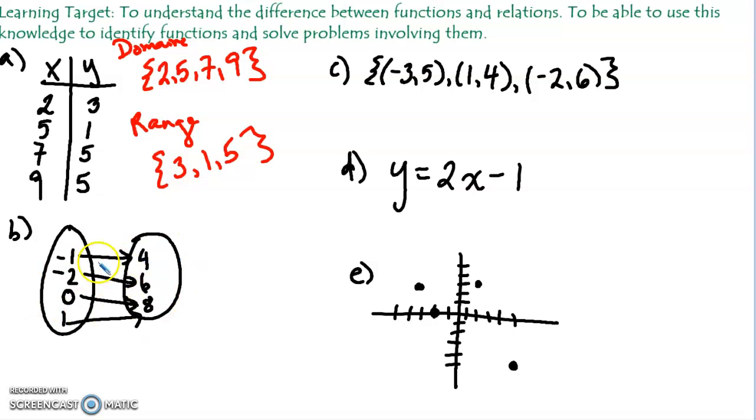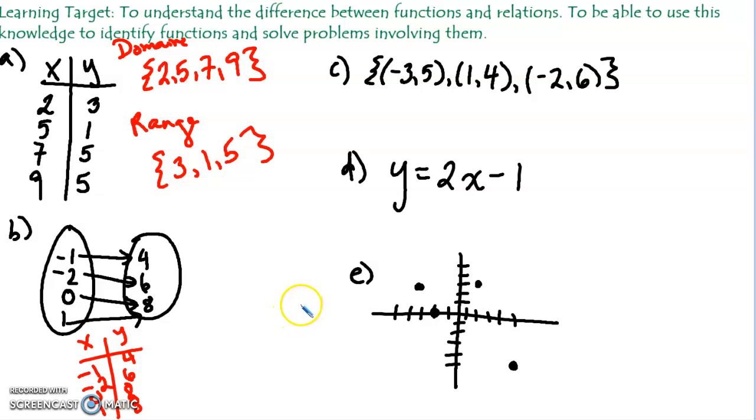Okay. So for here, let's do the same thing, domain and range. Again, remember this is a mapping diagram. This just represents a table of values, so you could equally write this as (-1, 4), (-2, 6), (0, 8), and (1, 8). Okay.